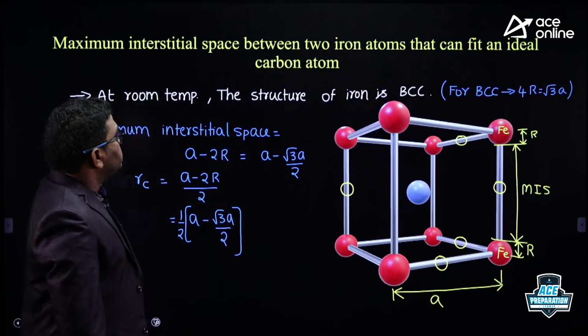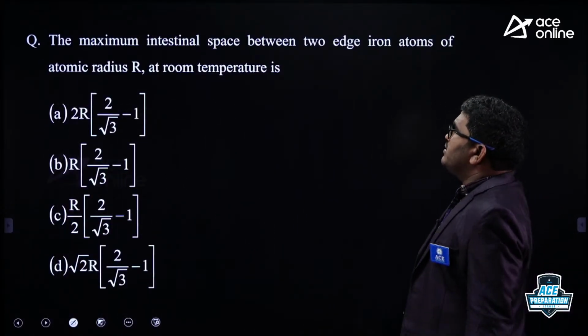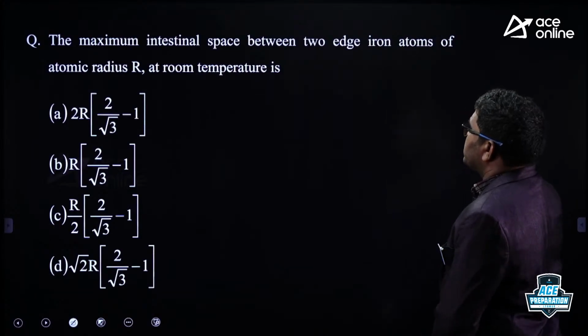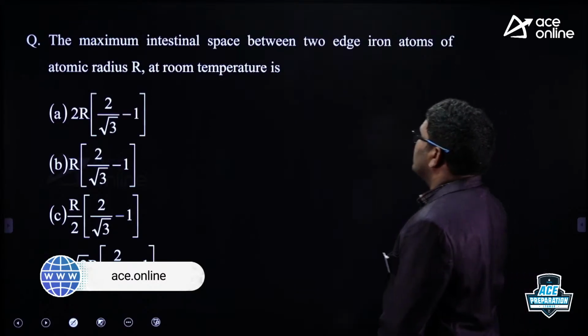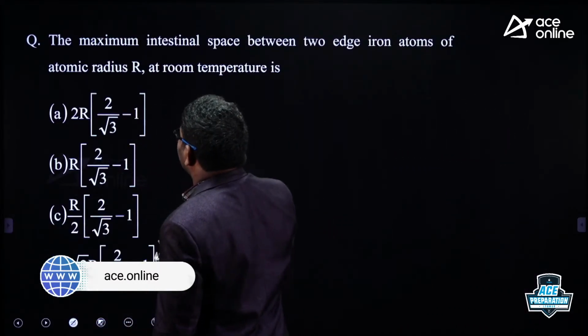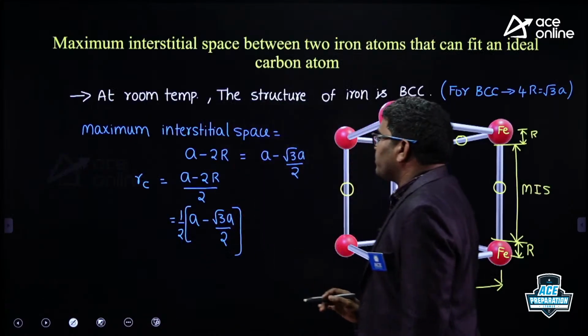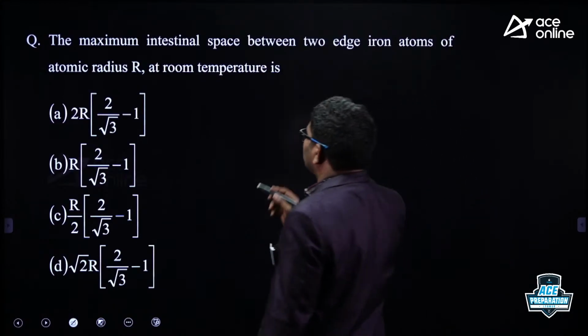Let us take a question now. The maximum interstitial space between two edge iron atoms of atomic radius capital R at room temperature. Same question actually, but in terms of R they are asking. Now let us solve this question.